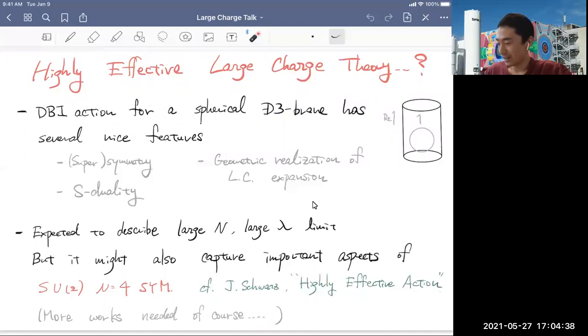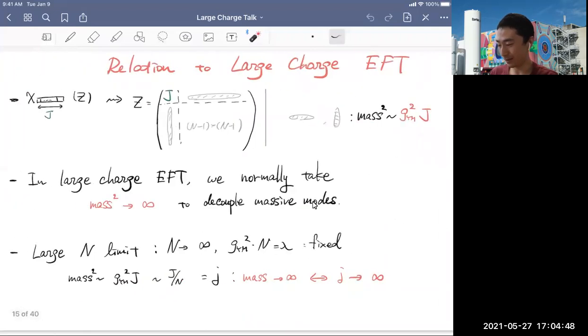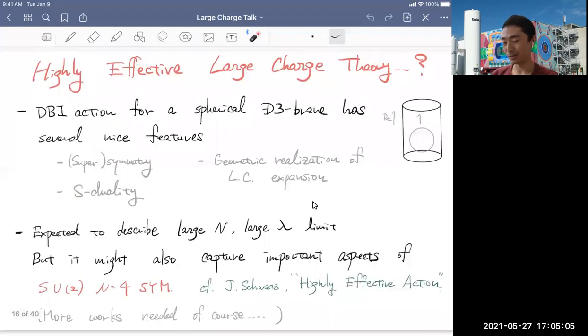What I wanted to say in this slide is much less elaborate, a much more crude idea. Zohar was pointing out that if I were to write down a U(1) EFT for the U(1) degree of freedom, we can try to do it in the field theory, and there aren't so many possibilities. But that problem is basically identical to the problem of writing down a large charge EFT for SU(2) theory, because you only have a U(1) degree of freedom.